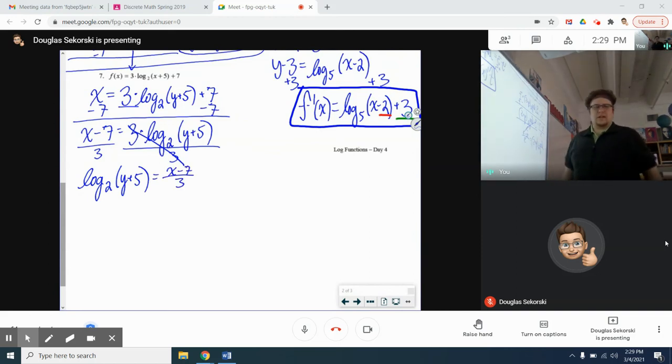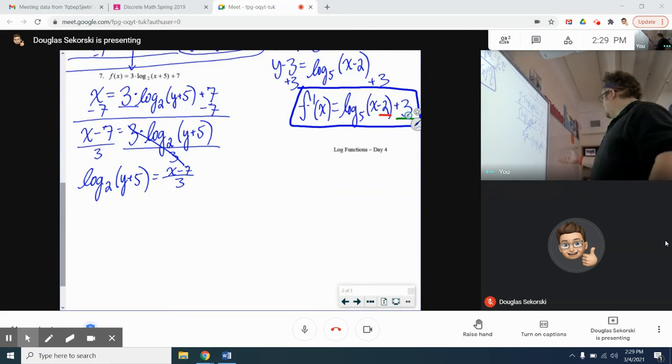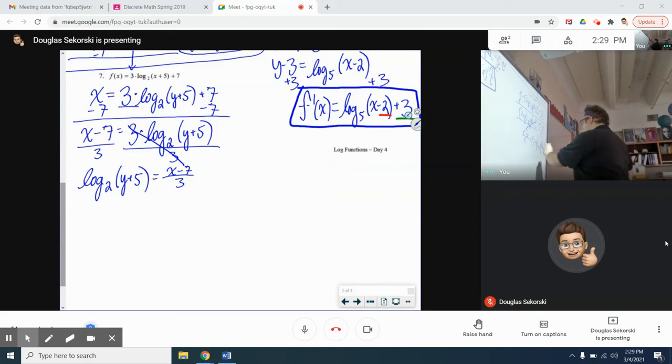So we've reached the stage in our journey when, wow, we have a base, we have the answer, and we have an exponent. So I'm going to write 2 to the x minus 7 over 3.